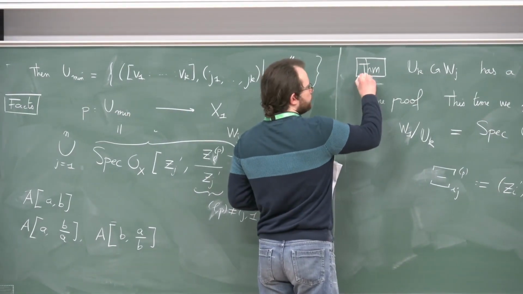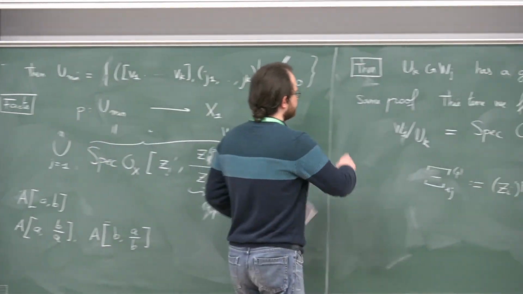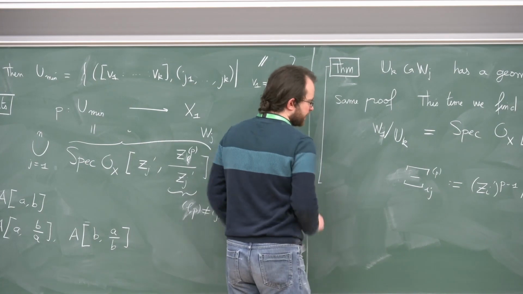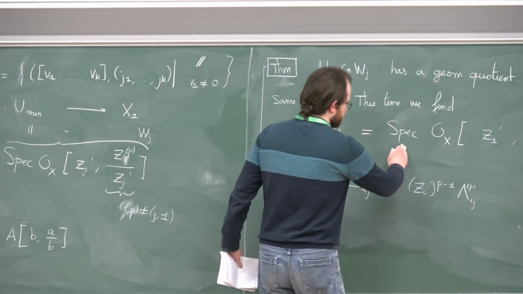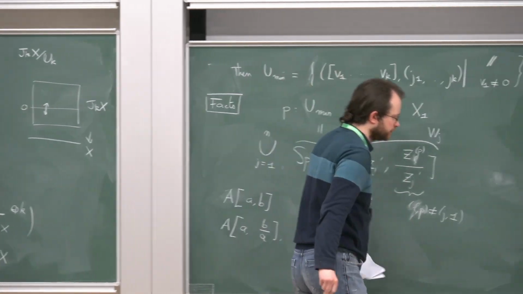And to complete the geometric picture, I'm just going to say, and I will finish the rest tomorrow, that on each of these charts, you can define the projection P towards x1.